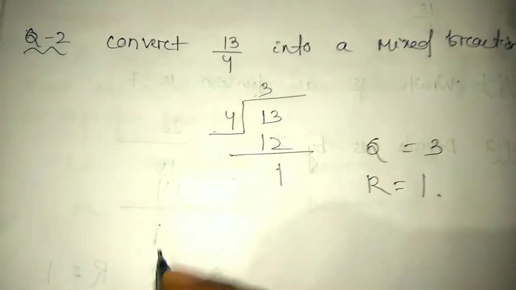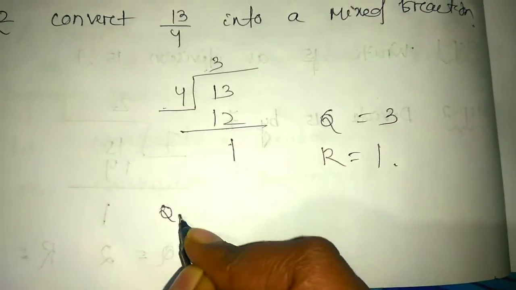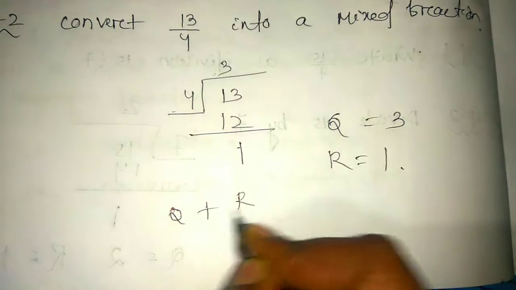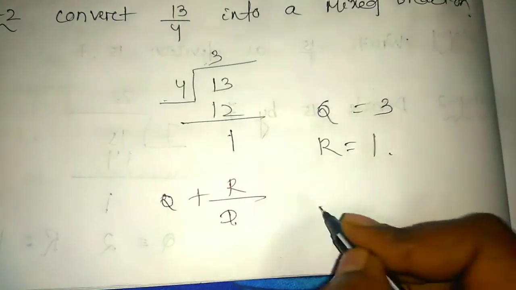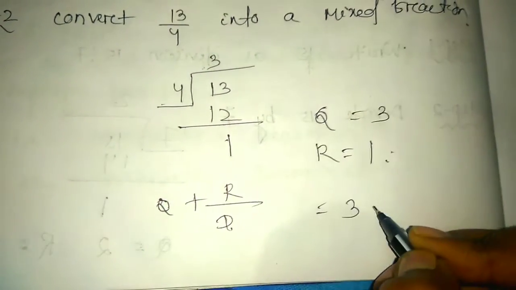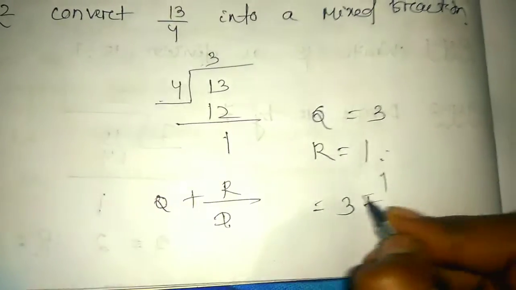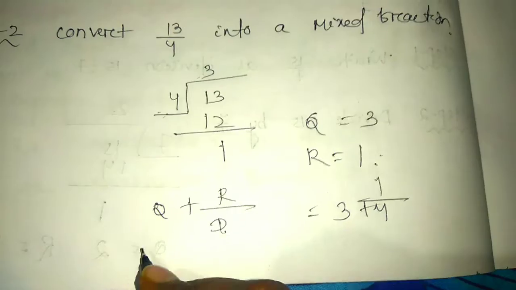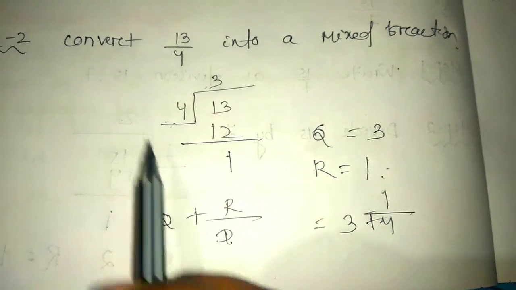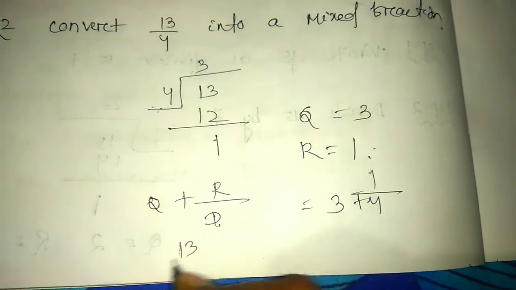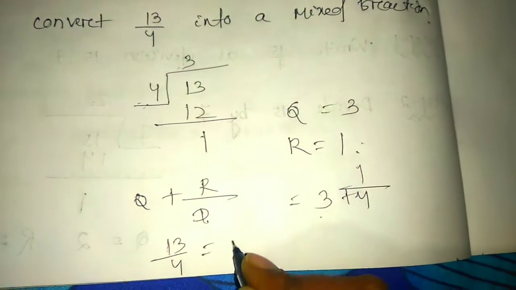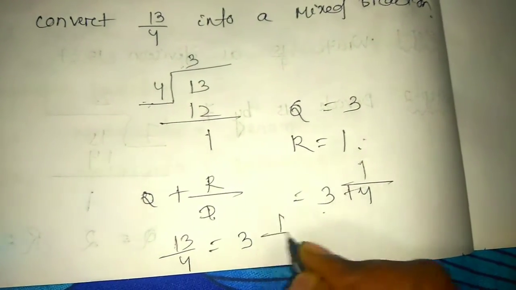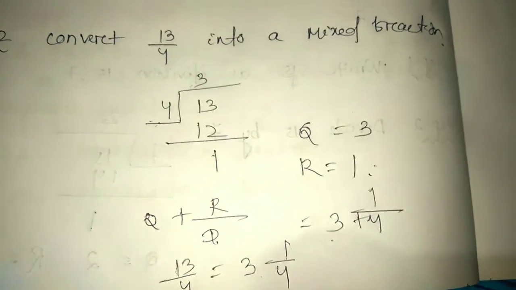Now we have to write it as quotient plus remainder by divisor. Here the quotient is 3 and the remainder is 1 and the divisor is 4. So the mixed fraction of 13 by 4 is equal to 3 whole 1 by 4.